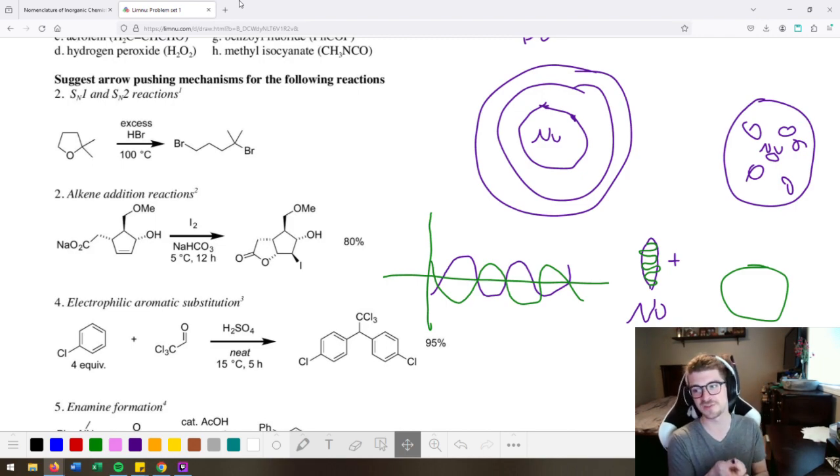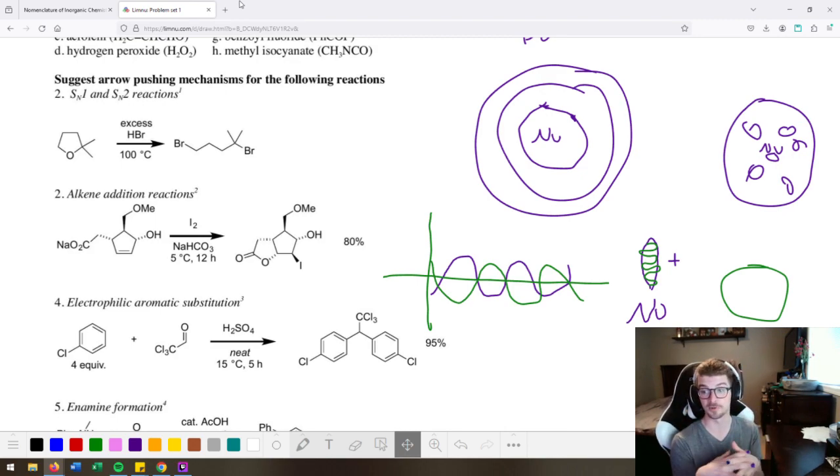Full orbitals cannot react with full orbitals because they can only support two electrons in an orbital. If you have two full ones, they can't interact, because that would be excessive electron repulsion, and we're always trying to minimize that.